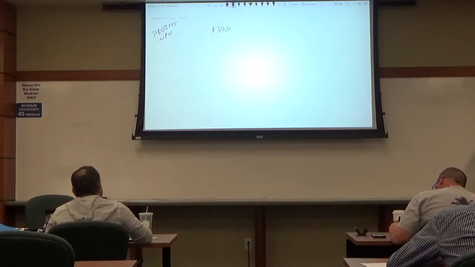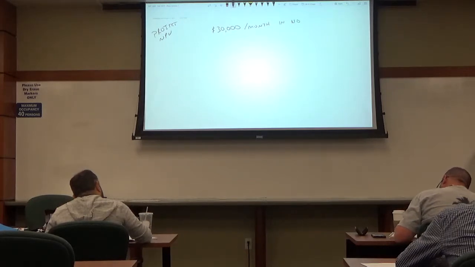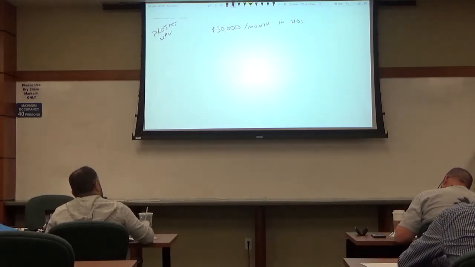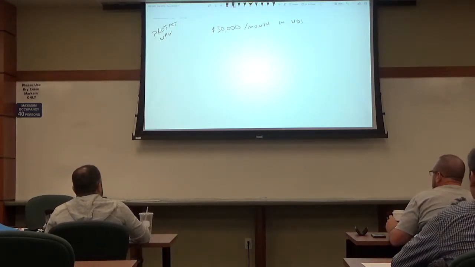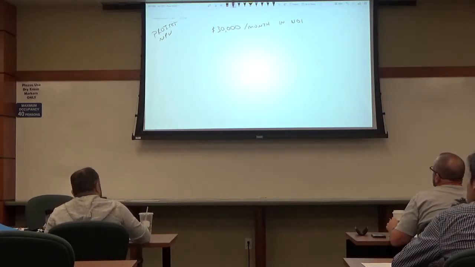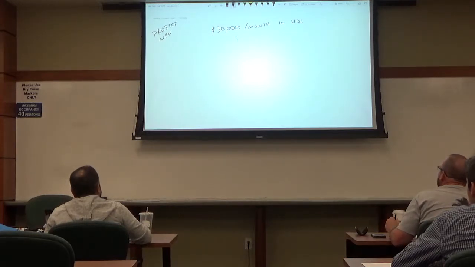Okay, $30,000 a month in net operating income. We're going to assume it's a triple net lease. And how many years are we going to hold it? 5. Why does everything always have to be 5? Let's make it something else. I don't care. 8 years.